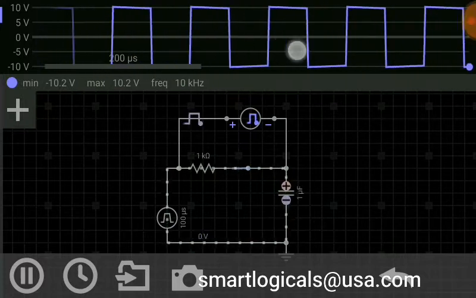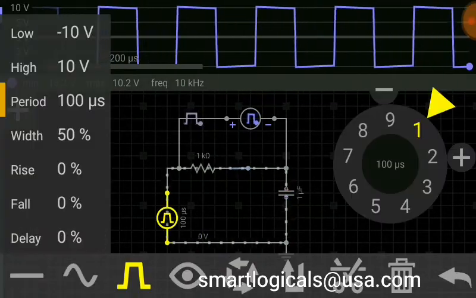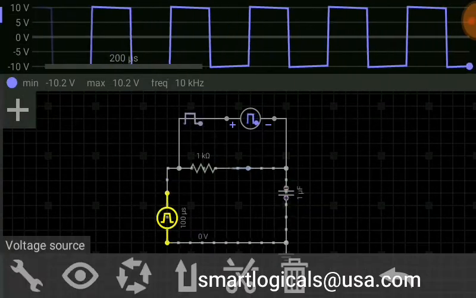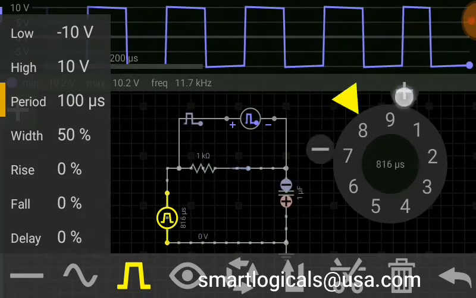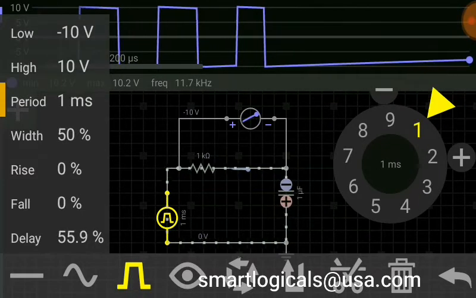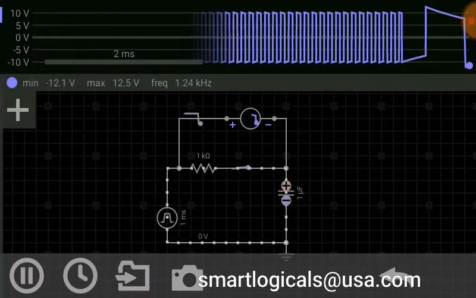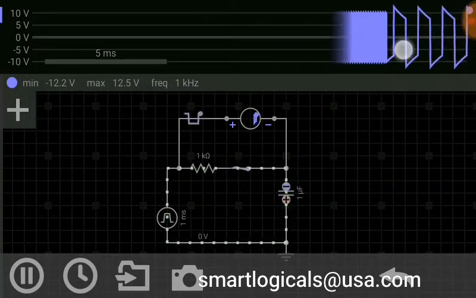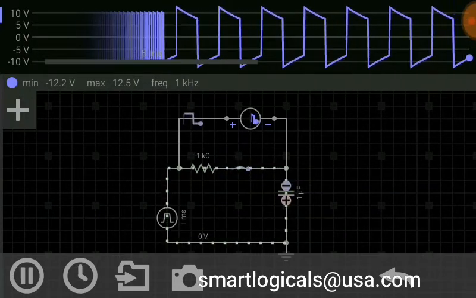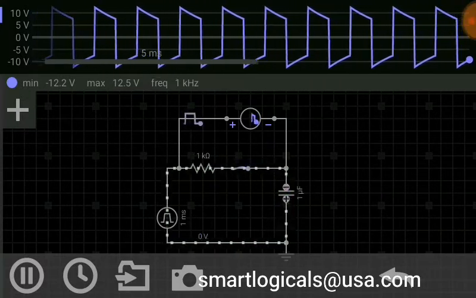Friends, suppose we apply a frequency equal to that of the time constant, then the output will appear like this. Thus the differentiation is going to happen.